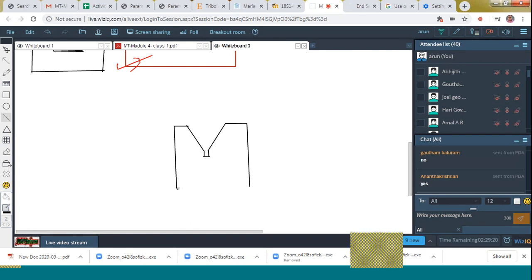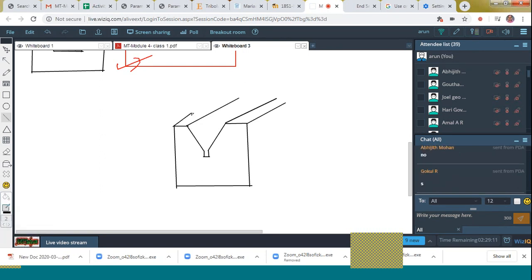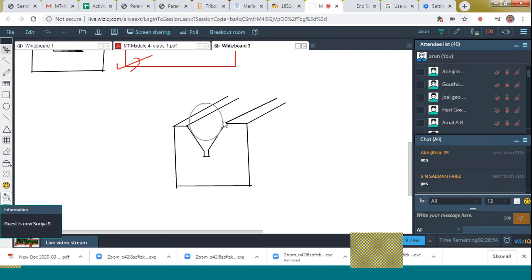You can easily place circular surfaces on this V block, and it will get locked. That is also an example of locking by means of circular surfaces. Here also the circumference of that item is locked. Is it clear to all?